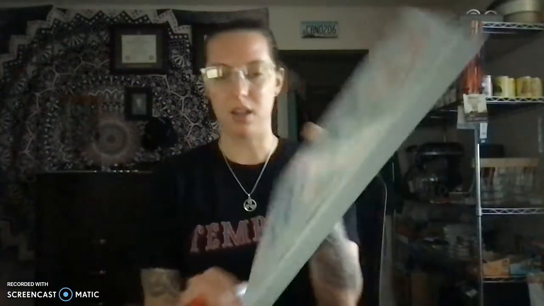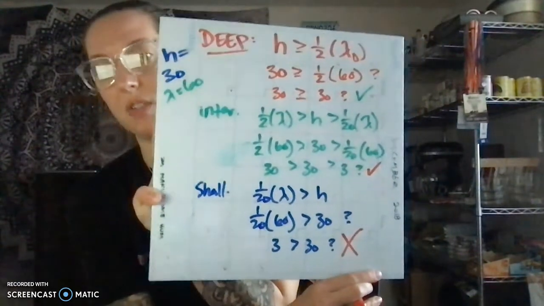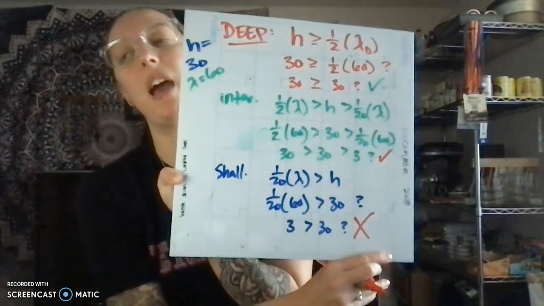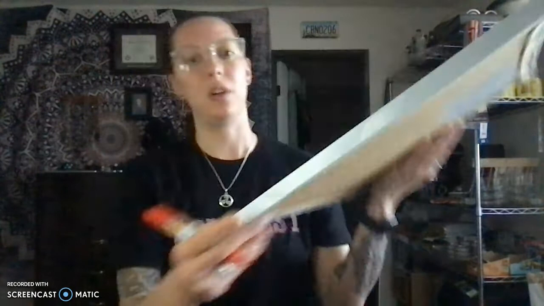Is that relationship true? So is 3 greater than 30? No, it is not. So that relationship does not work. So if I had this in my table, then I would say deep and intermediate. So maybe it's starting to go into that transitionary period of being a shallow water wave.